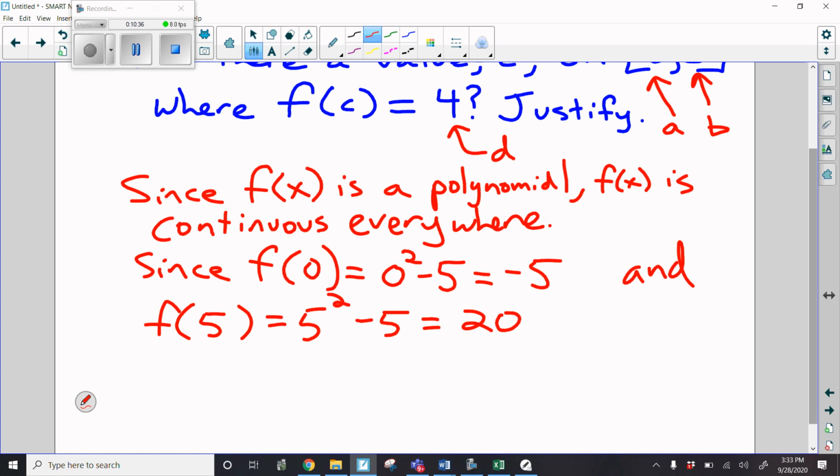So I'm showing that f of 0 is negative 5, and f of 5 is 20. Right, so that's my f of a and f of b, but a happens to be 0, b happens to be 5. Is 4 a number that's in between negative 5 and 20? Absolutely. Right, and we just want to show that.